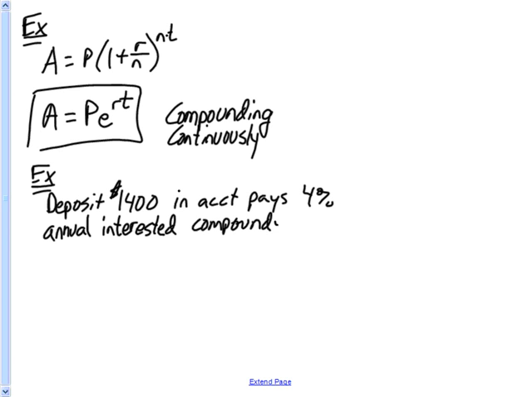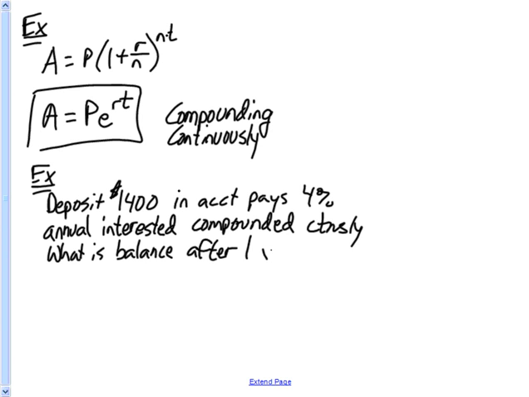What's the balance after 1 year? After 1 year, compounded continuously. There's my formula. Now it's the principal times e to the rt, okay?